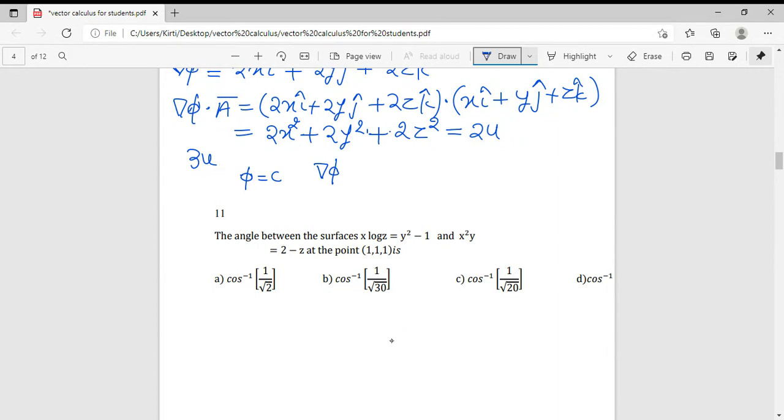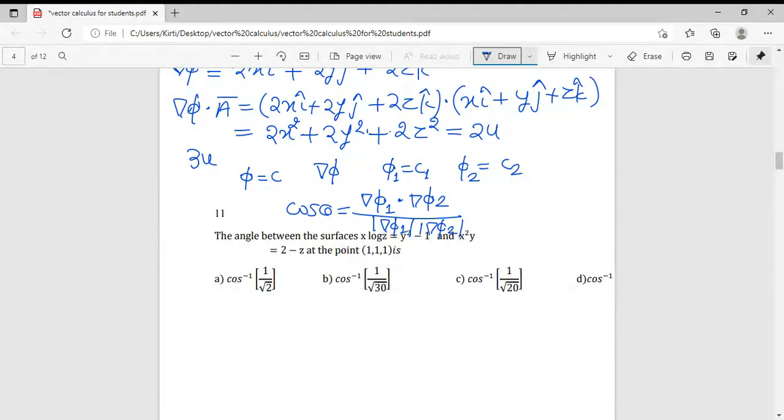So if we have two surfaces, say phi 1 equals c1 and phi 2 equals c2, then the angle between them is given by the formula cos theta equals the angle between the normals, so it is del phi 1 dot del phi 2 upon their magnitudes, mod of del phi 1 into mod of del phi 2.